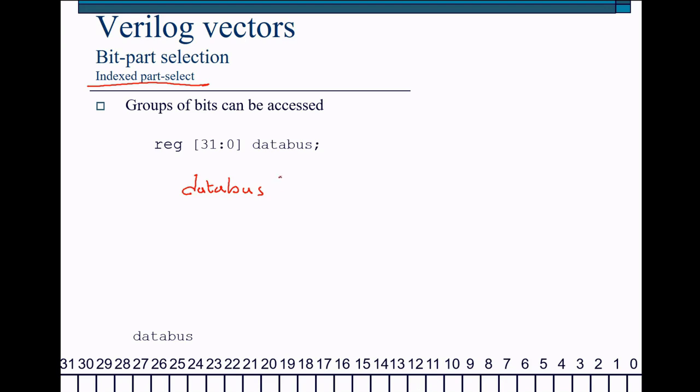Data bus square bracket, we have an integer, instead of colon we have plus colon followed by another integer and close square bracket. This first integer is known as the base expression, and the second integer is known as the width expression.